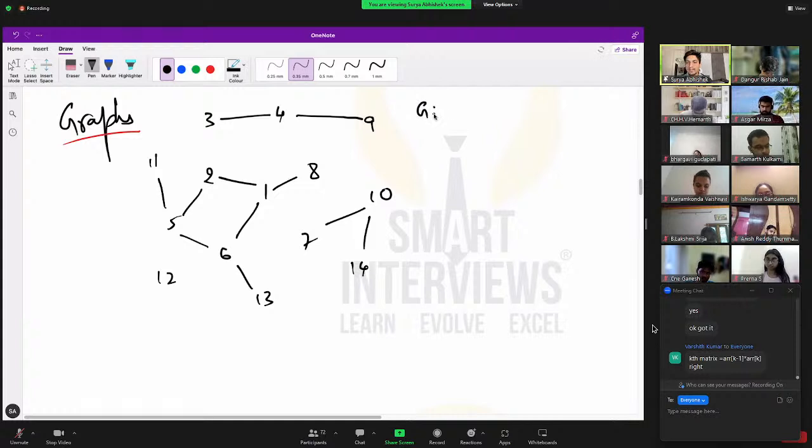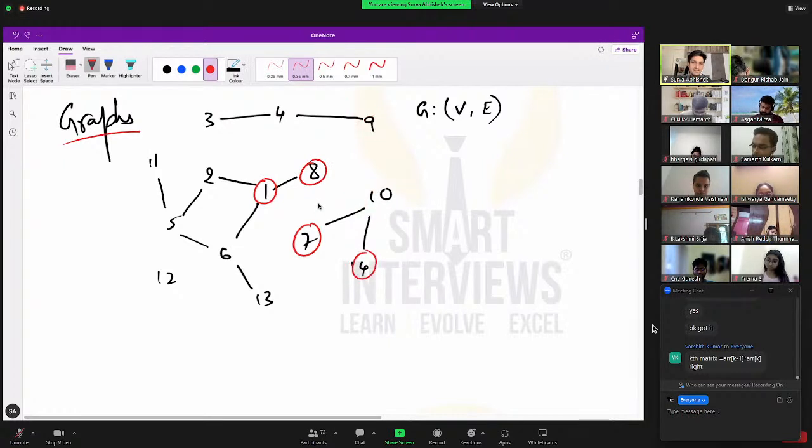A graph is essentially a set of vertices, comma, edges. So here the numbers that I wrote are basically our vertices and so on.